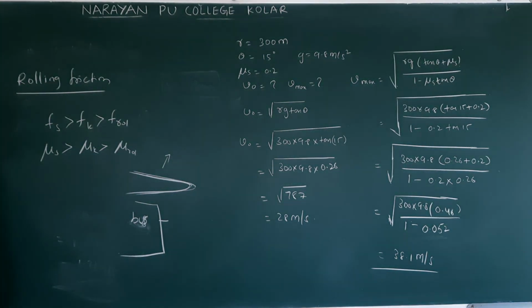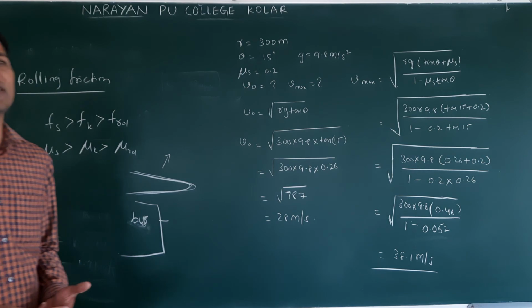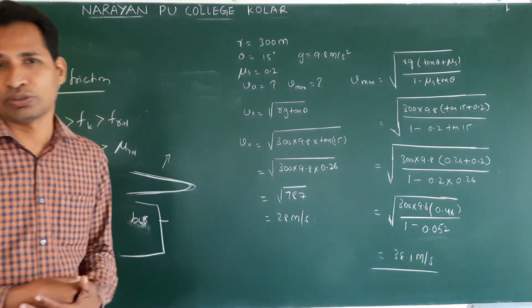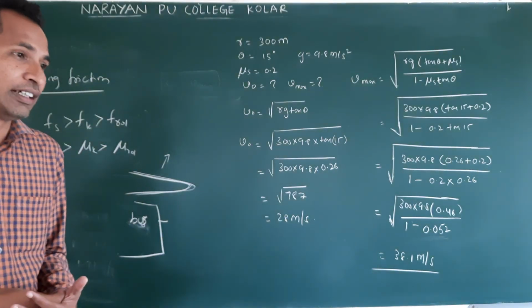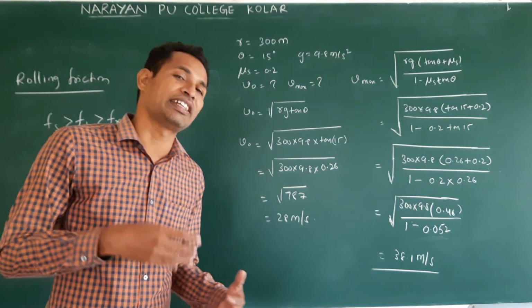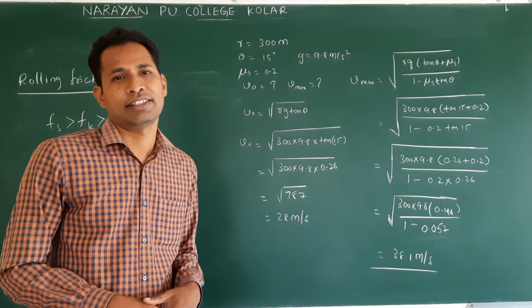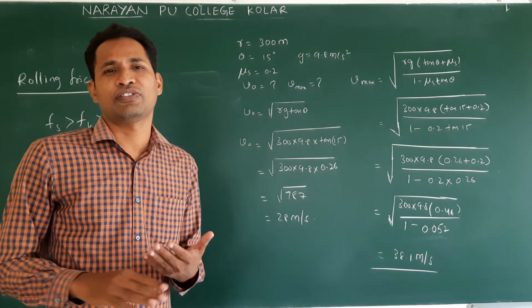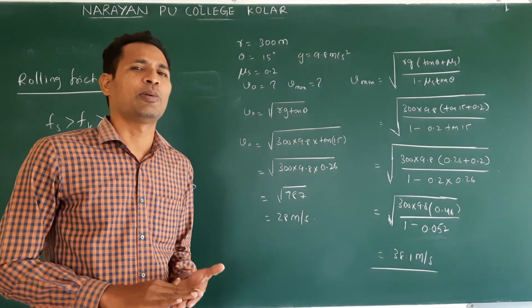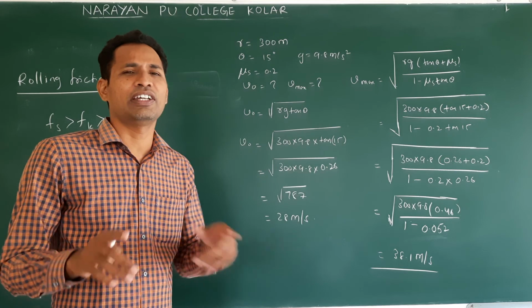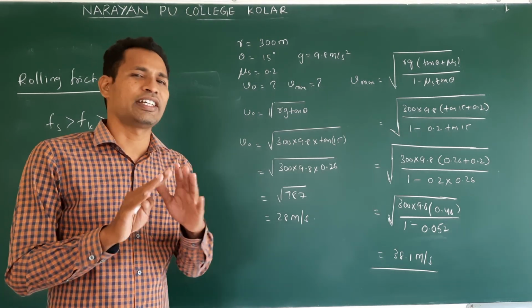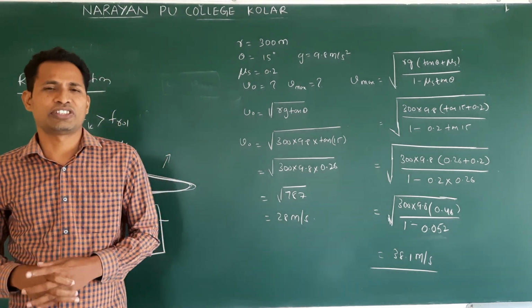So the methods: one is polishing the surfaces. If we polish heavily, friction increases; with moderate polishing, friction decreases. Anyway, polishing is one method to reduce friction.